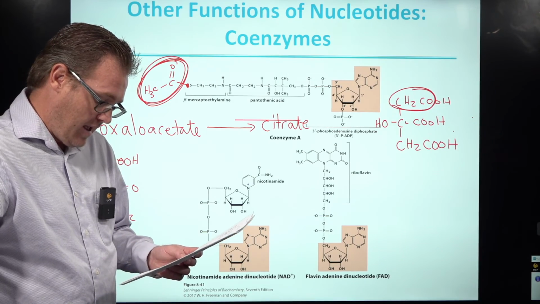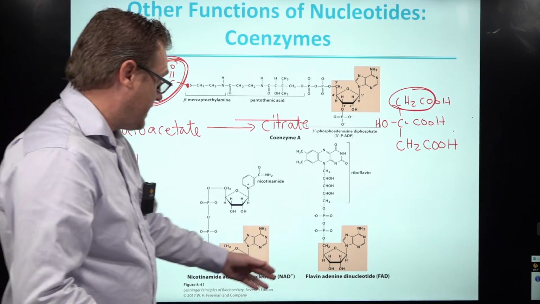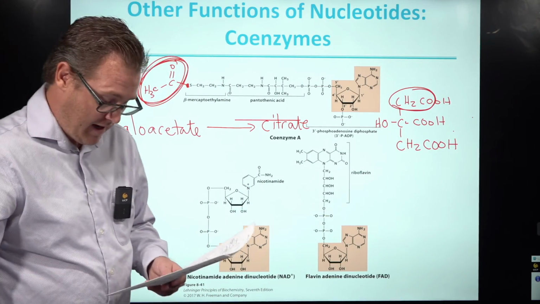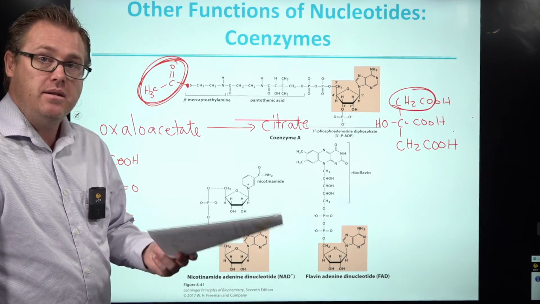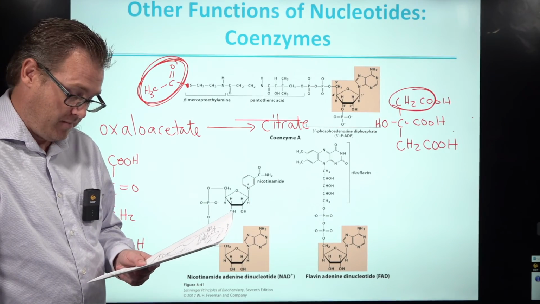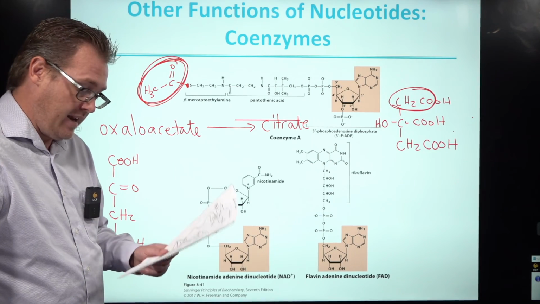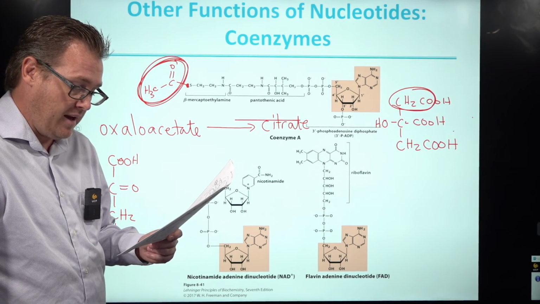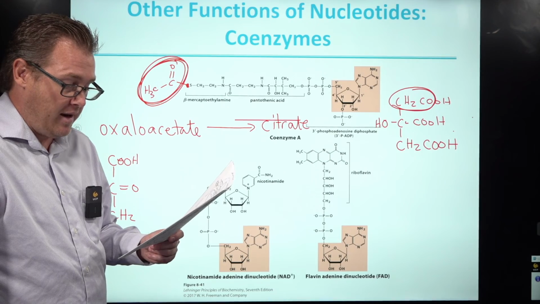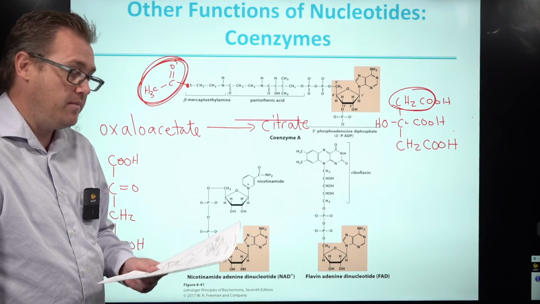Okay? And so if you want to look carefully at an example of FAD, you would look at succinate getting converted into fumarate. That uses FAD. If you want to look at an NAD+, an example would be alpha-ketoglutarate getting converted into succinyl-CoA.